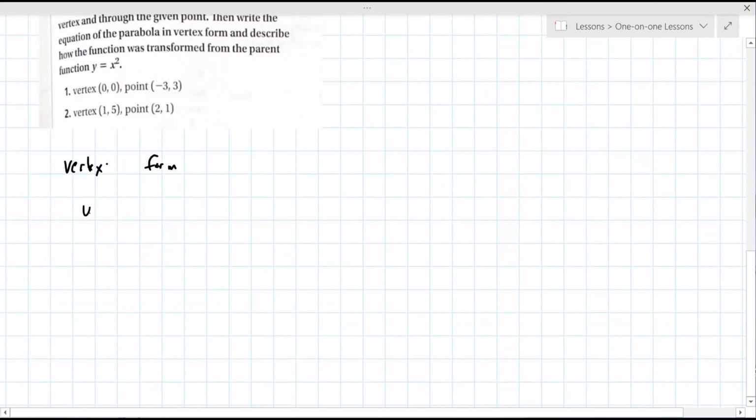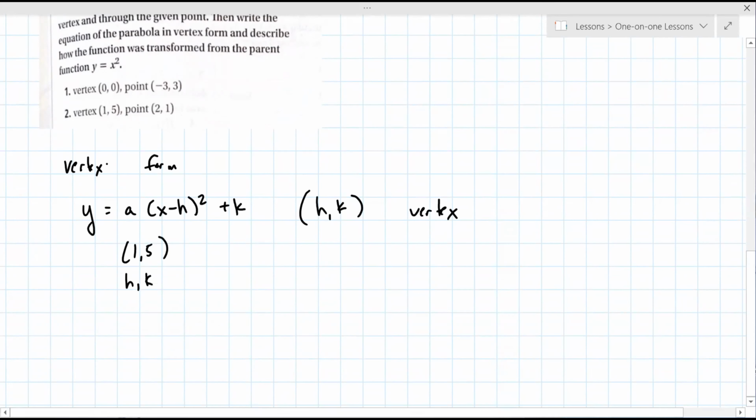That vertex form is y equals a(x minus h) squared plus k. (h, k) is your vertex. So that means that in (1, 5), 1 is h and 5 is k. So we got y equals a(x minus 1) squared plus 5.